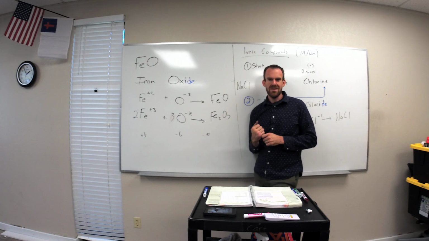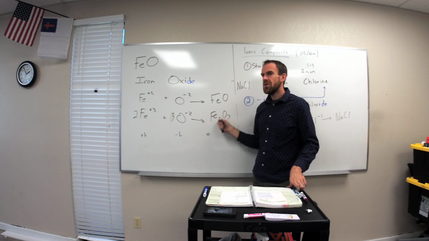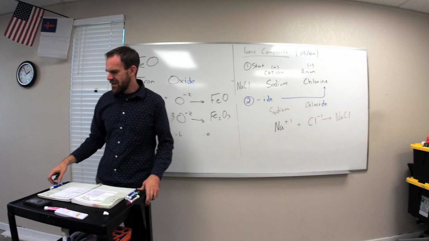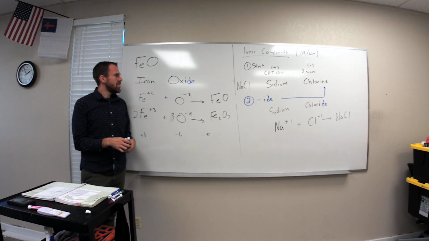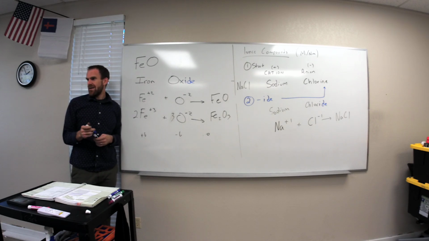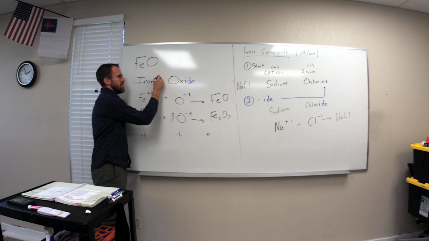There's no iron oxide. Why? Because it could refer to both of these. If there is an opportunity for us to have an ambiguous case, we have to specify the charge on the cation. The way we'll do that is we'll indicate using parentheses and Roman numerals.